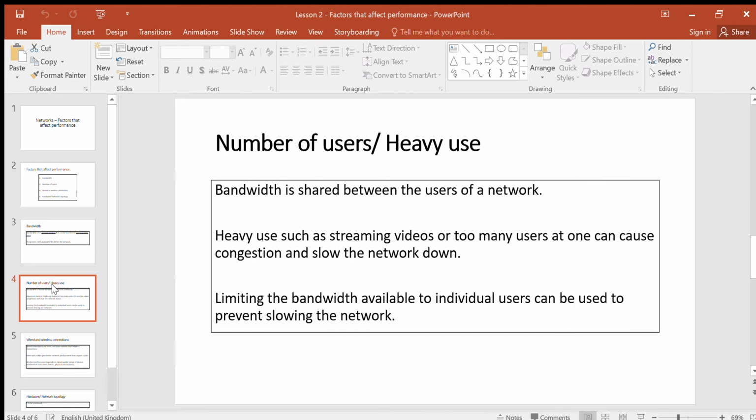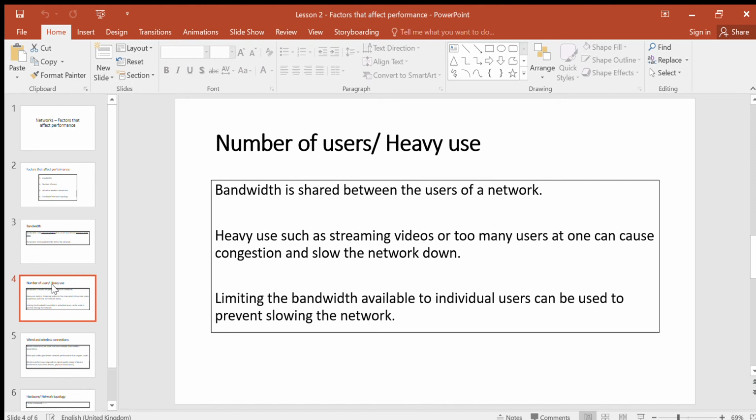So we'll move on to the next point. How many users and what you're doing on that network plays a major part in how fast you are able to complete your tasks. So if we know that bandwidth is the amount of data that can be transferred over a given time, it makes sense that if you've only got 2 or 3 people using that bandwidth, they're going to have a far smoother experience than if you've got 30 people sharing that same amount of bandwidth.